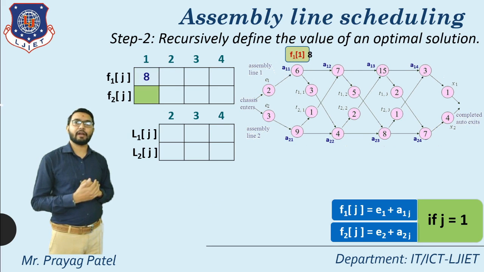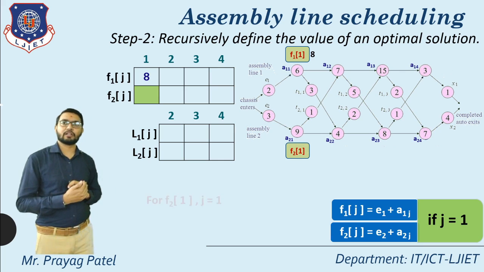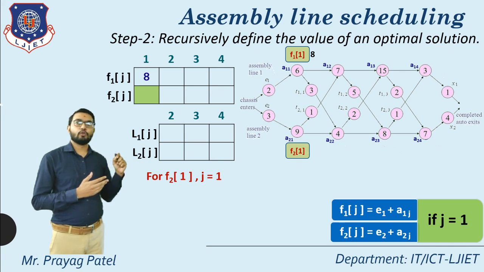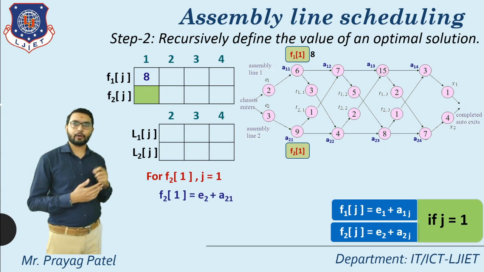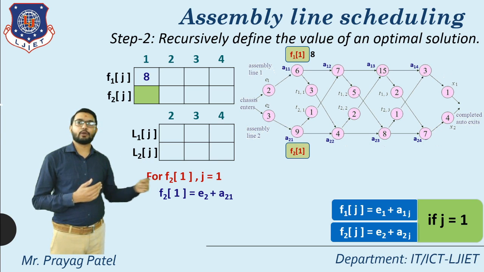How can we find the value of the next location F21? Consider F21 for j equal to 1. If j equal to 1, then apply the second formula: F2j equal to E2 plus A2j. According to this, F21 equal to E2 plus A21.